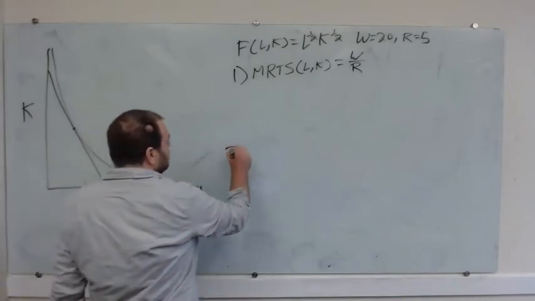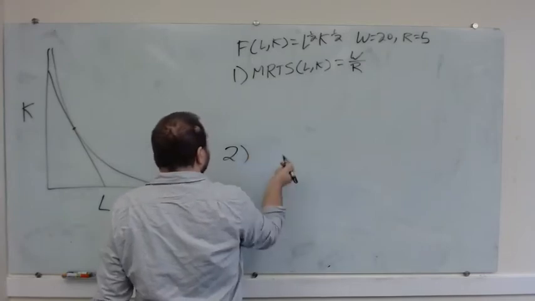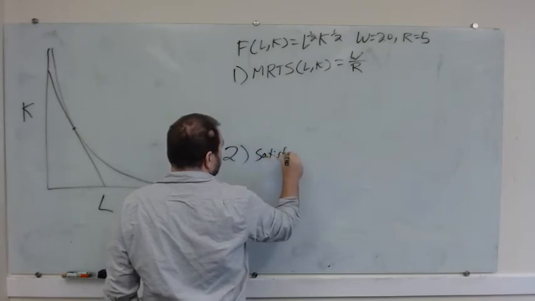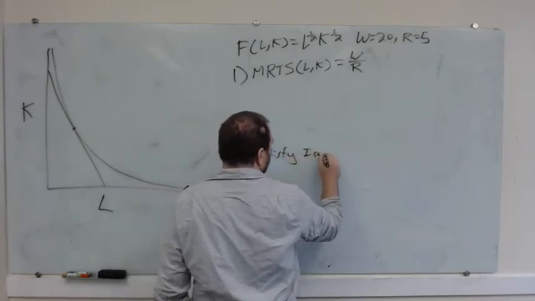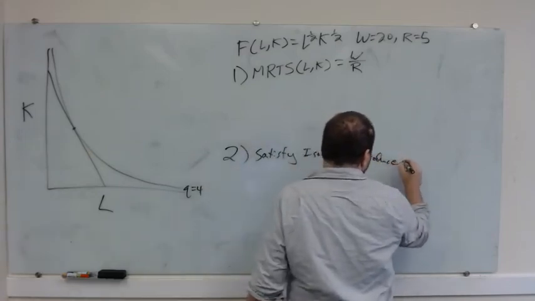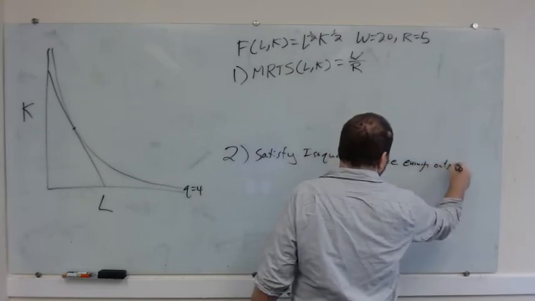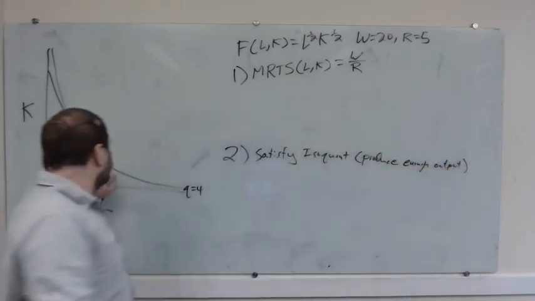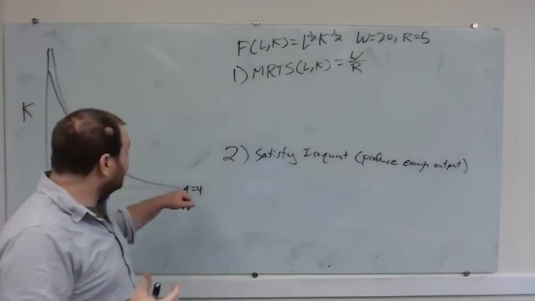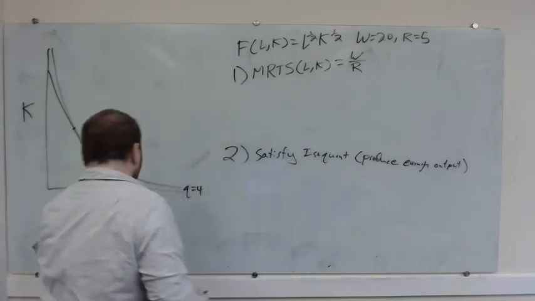And 2, satisfy the isoquant, produce enough output. Remember that the isoquant is our new budget constraint, so plugging our solution into our budget constraint is going to mean plugging it into our isoquant equation. Cool. So let's start here, the MRTS.